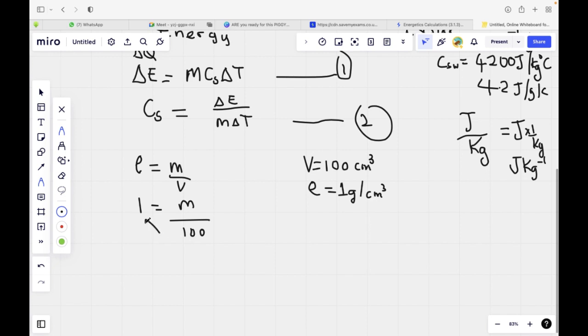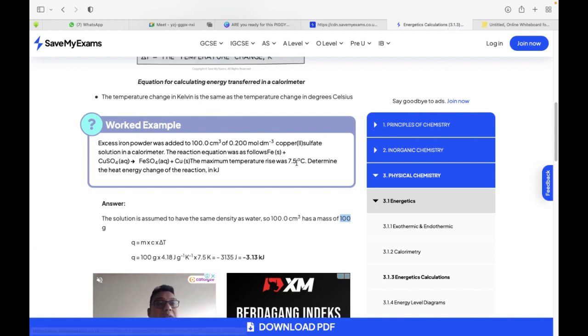So the mass is equal to 100 gram. Now that we have the mass, remember what the question wants us to find: the heat energy change of the reaction.